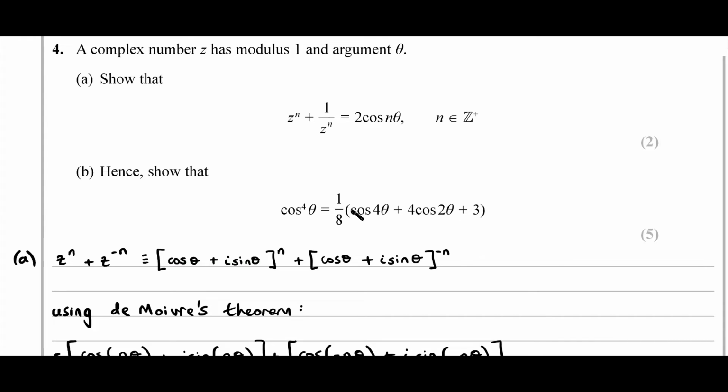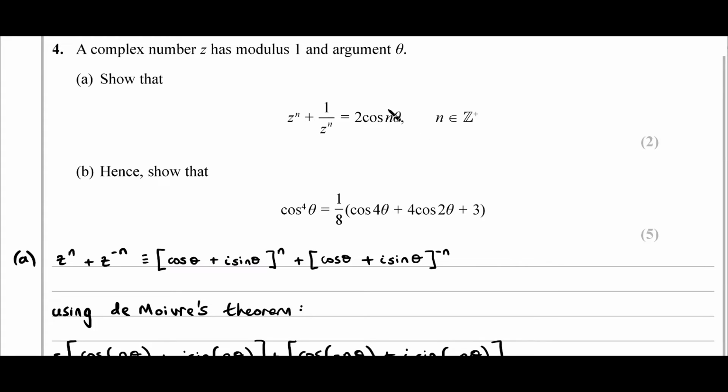Now we can use the result found in part A, and if we raise that to the power of 4, then we will have something that contains a cos to the power of 4. And then we can use de Moivre's theorem to simplify the whole problem.